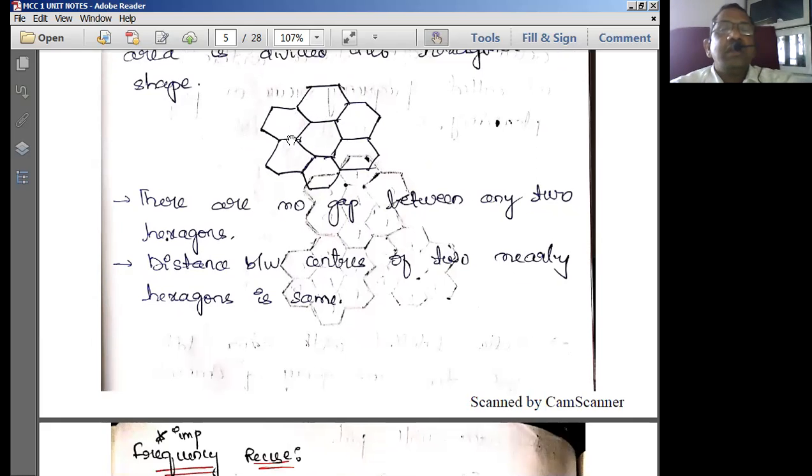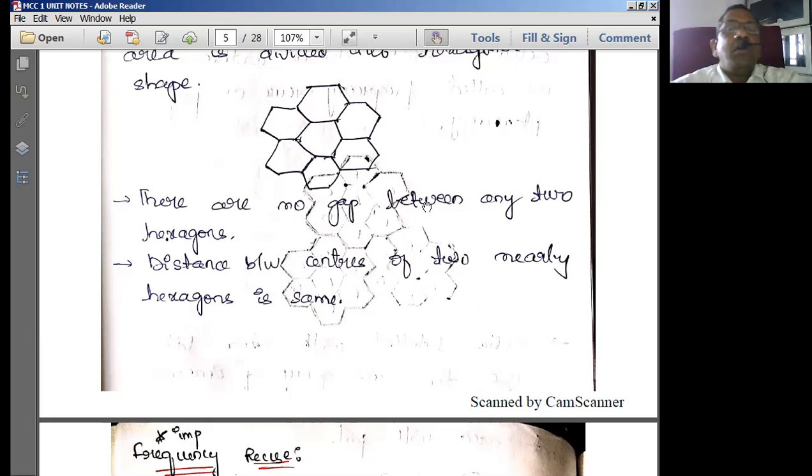Now if you construct an architecture of the 2G technology or GSM, all these hexagons are connected like this. When they are connected like this, between one cell site and another cell site there is no space or region left over where there won't be any communication.